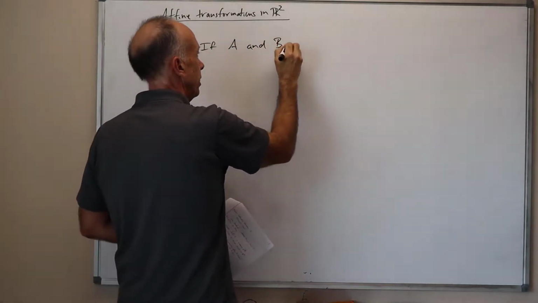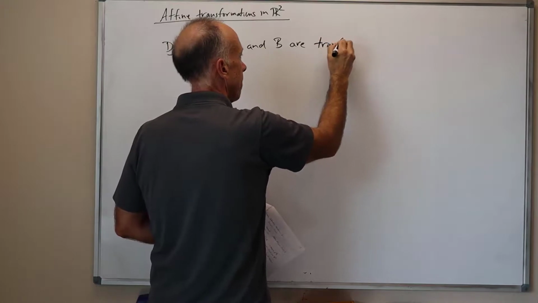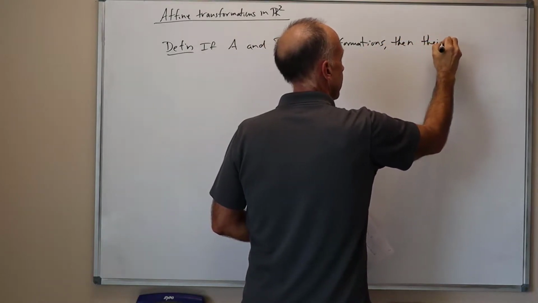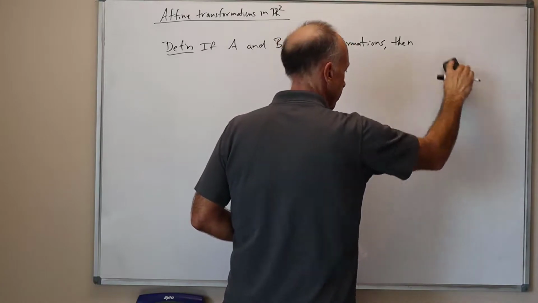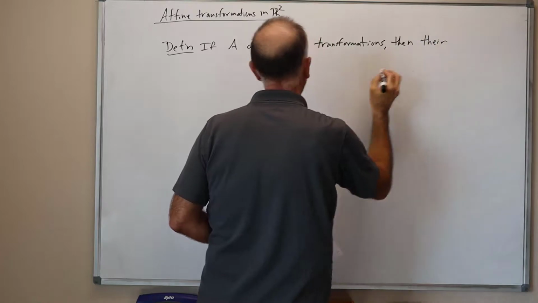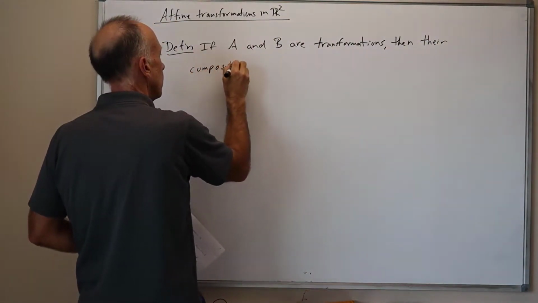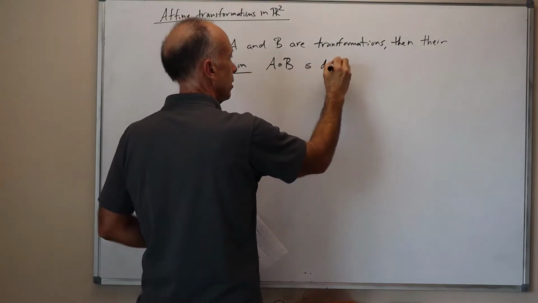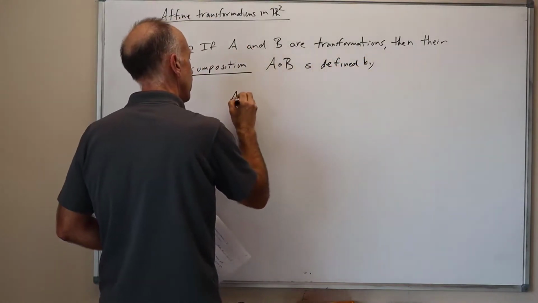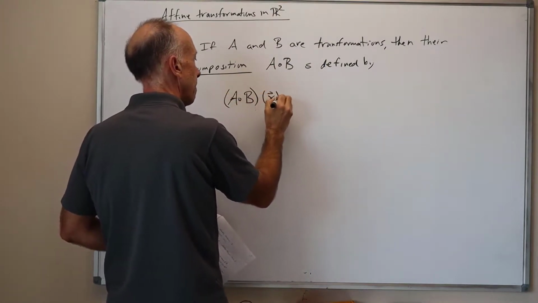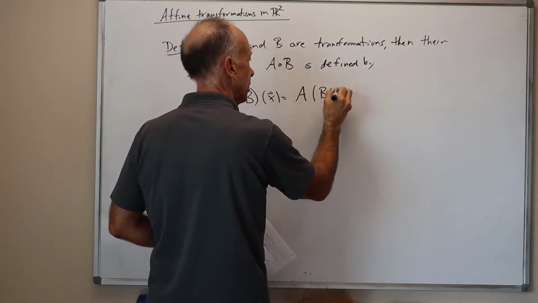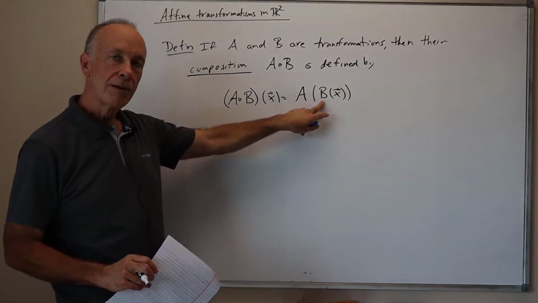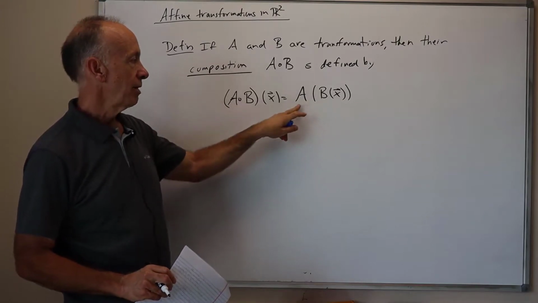If A and B are transformations, then their composition, written A little circle B, A composed with B, is defined by A composed with B when applied to X is equal to A of B of X. So when we compute A composed with B of X, we first compute B of X. That gives us another point in R2, and then we take A of that.